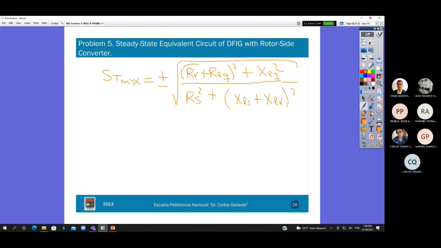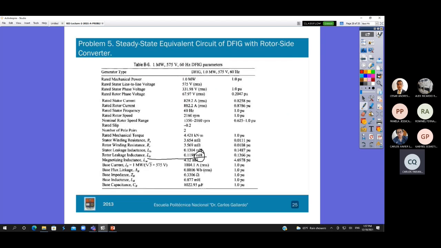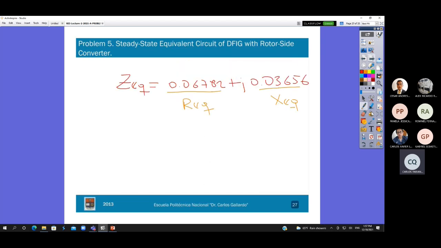This data comes from the manufacturer. And the equivalent resistance and reactance, we have already computed these values here.